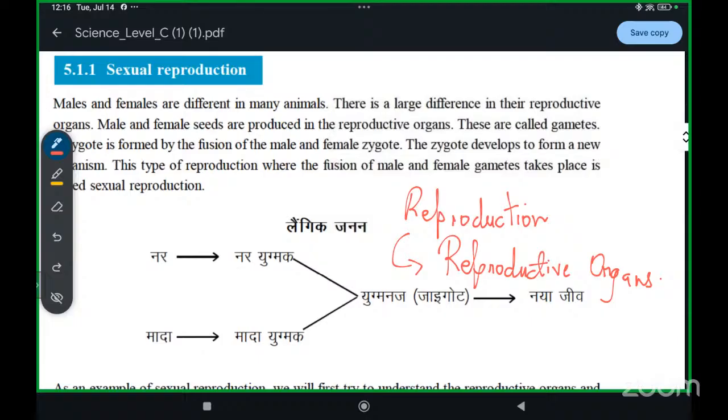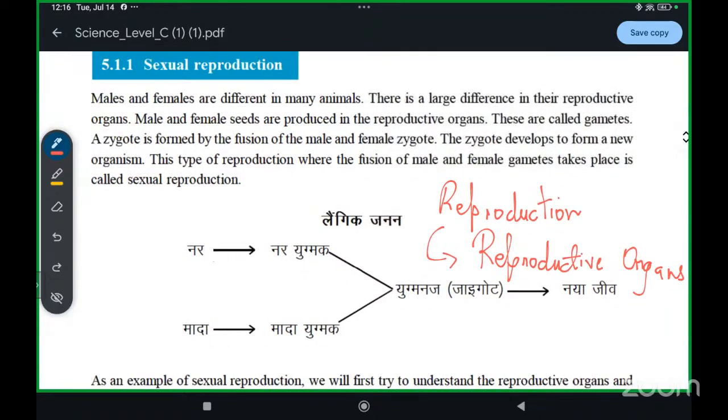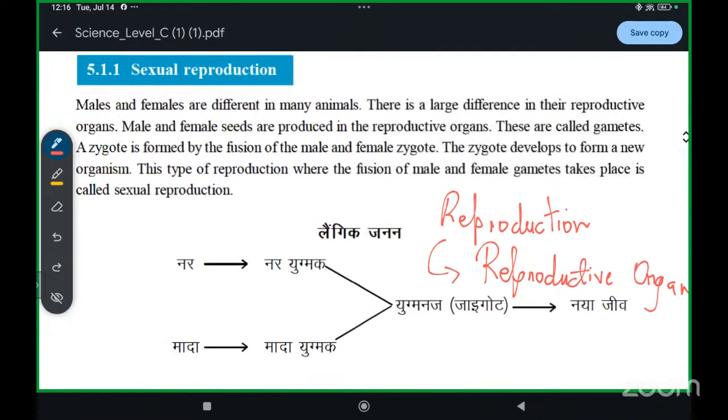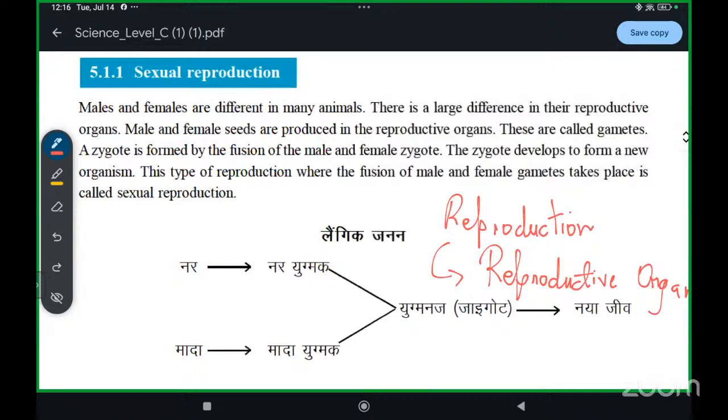How does this happen? There is a large difference in their reproductive organs. Male and female seeds are produced in their reproductive organs. In humans they are known as gametes.